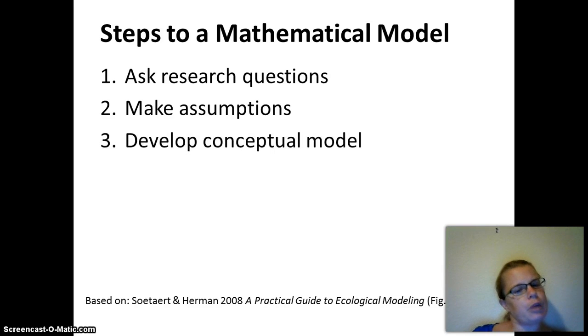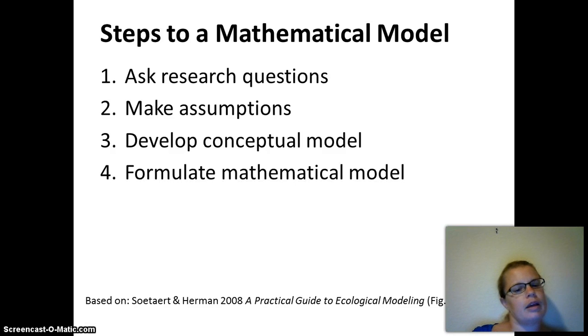And then you have to figure out what your conceptual model is, which is usually some kind of drawing or diagram. And then you figure out what the form of your mathematical model should be. Whether it's a matrix or an equation, or whether it's discrete with time steps or continuous, constantly changing.